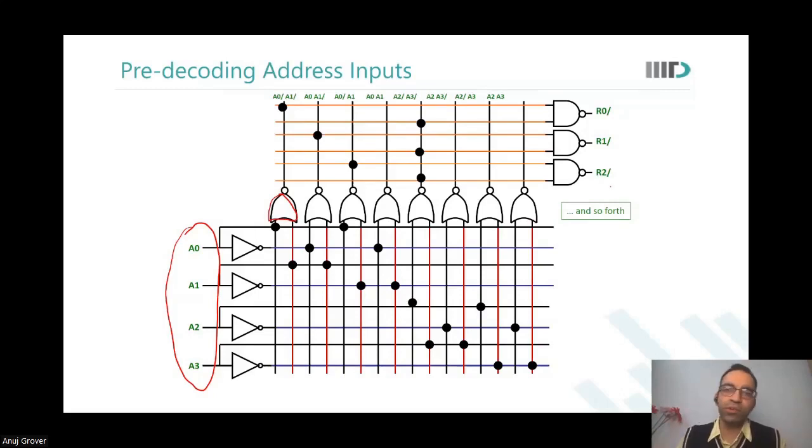Who will explain this slide to me? What is happening here? What I'm able to see is that there's a 2 to 4 pre-decoding happening, maybe.